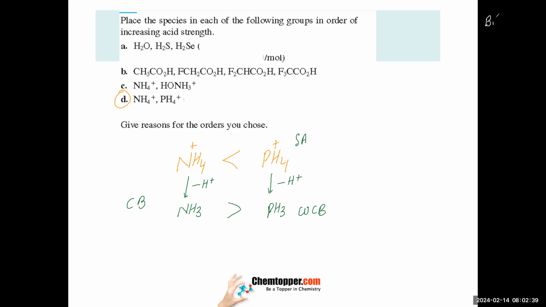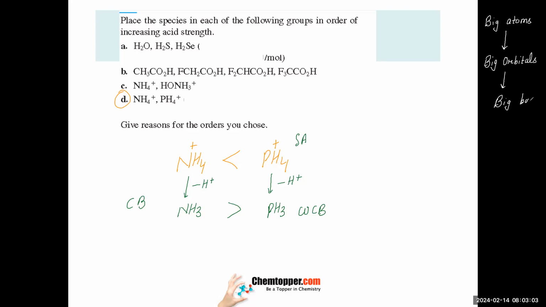Big atoms. This is based on size. Big atoms mean big orbitals. This is in unit 2 also. When big orbitals overlap, they give you big bond lengths.